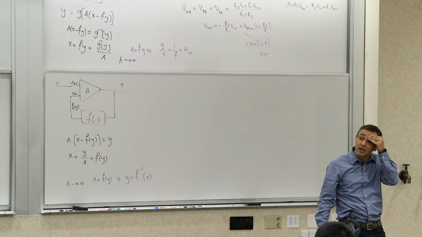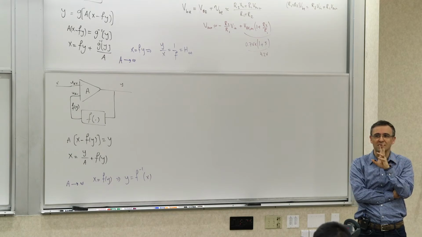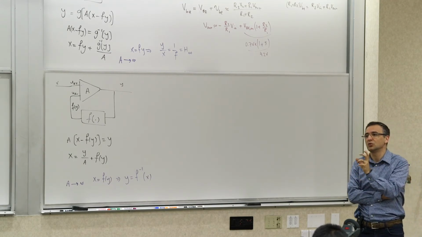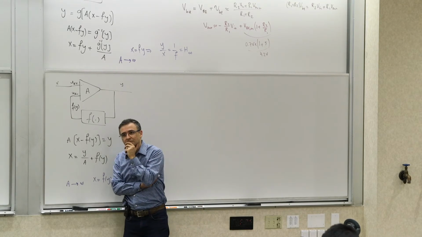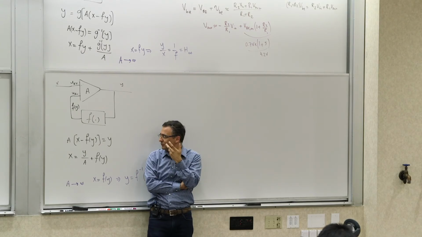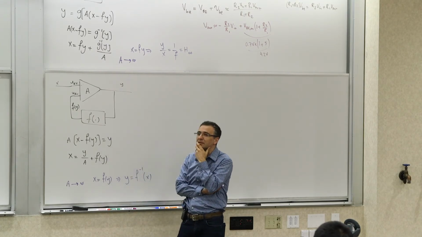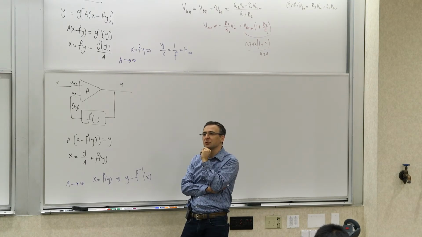Why does feedback do this? And you will see there are other functions that, if you put them in the feedback path, will get inverted too. But why is it doing this in principle? It really goes back to asymptotic equality if you think about it.